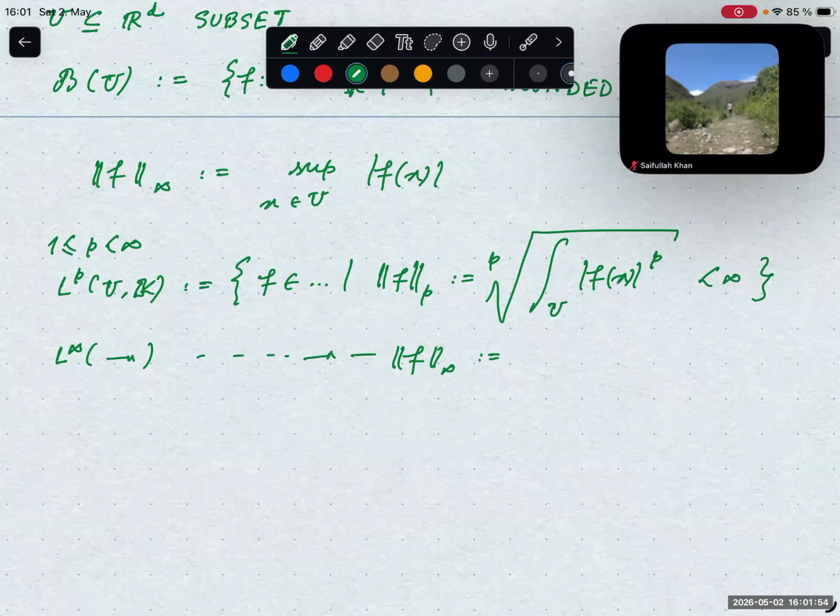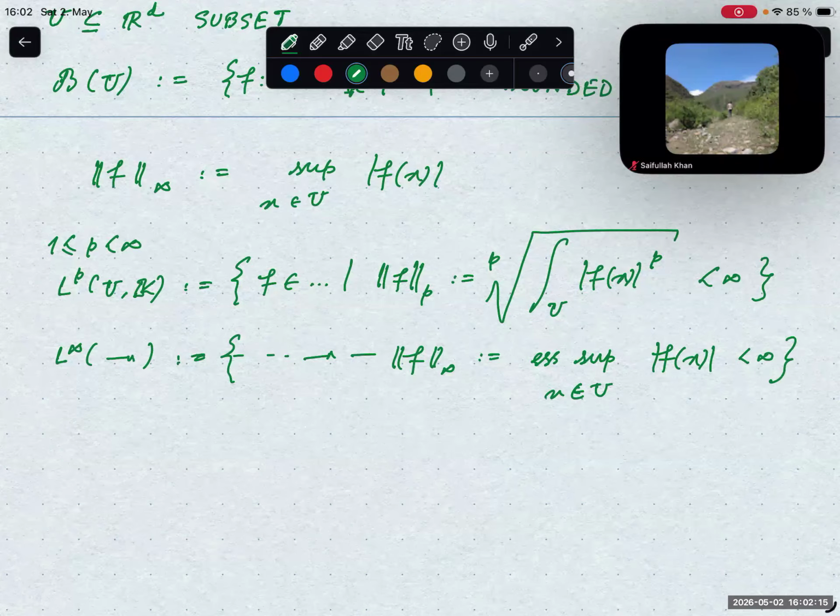Let me write it, and this is something called the essential supremum. I shall explain what this is. Over x, and if this is finite.